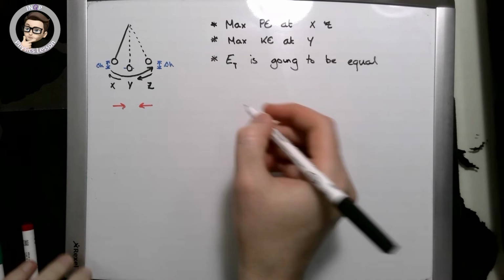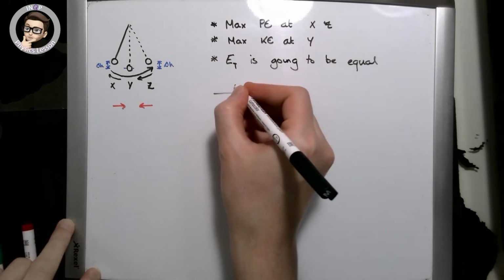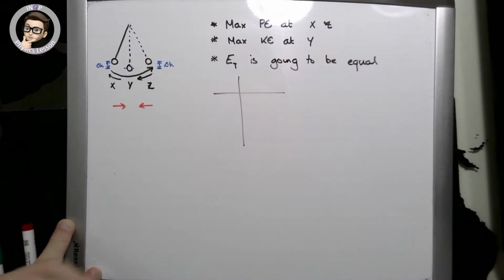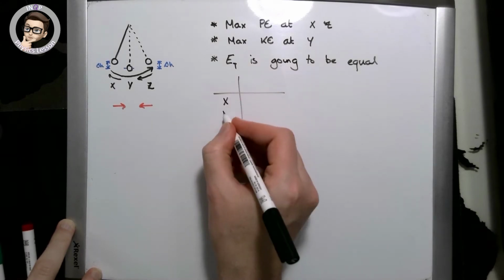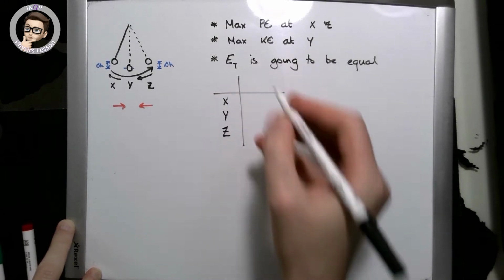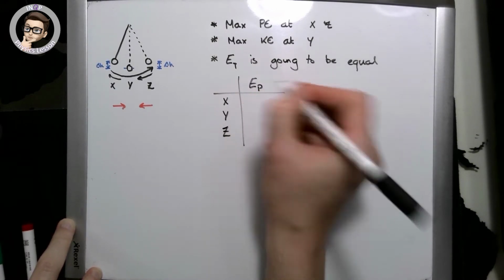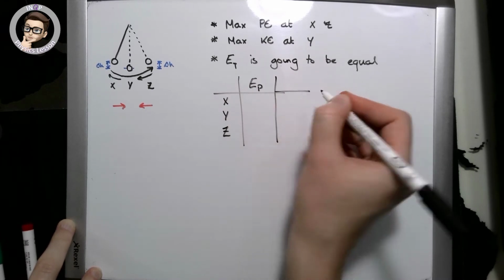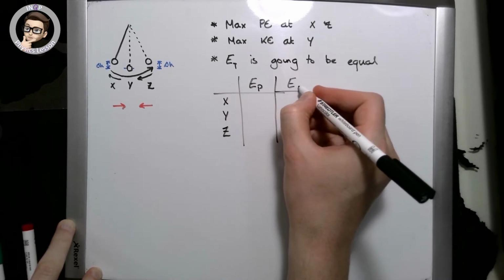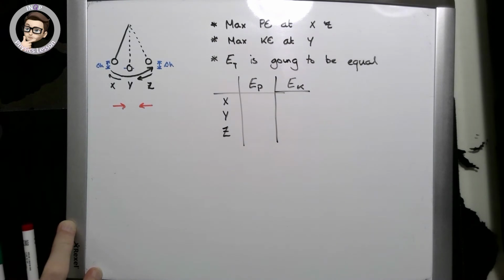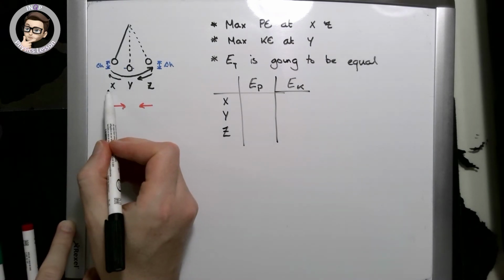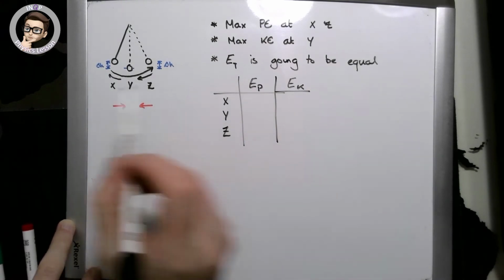So let's draw ourselves a table. It's an important table to know. Let's look at our position, X, Y, and Z, and we'll look at the potential, EP, and we'll look at the kinetic, EK. So at X, the kinetic is zero because it's a turning point.